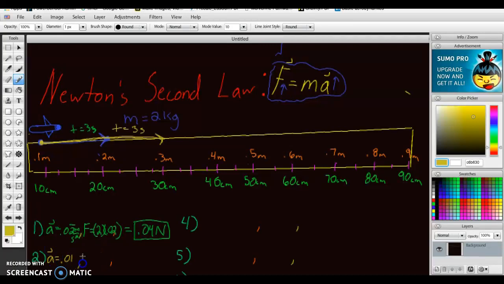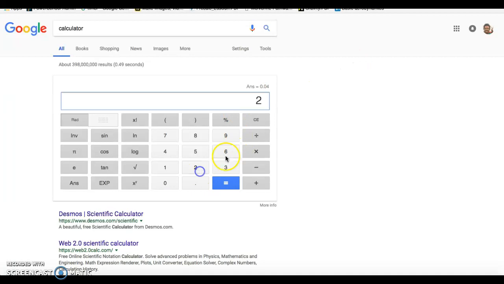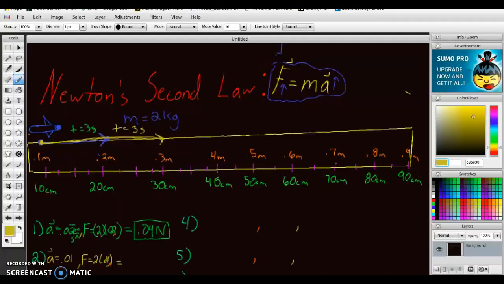Therefore the force is going to be 2 times 0.01, which equals 0.02 newtons.